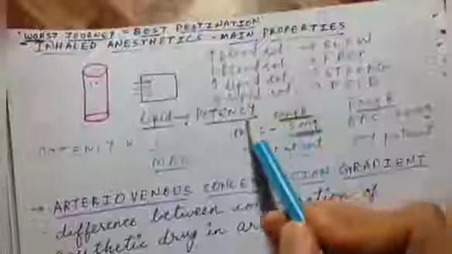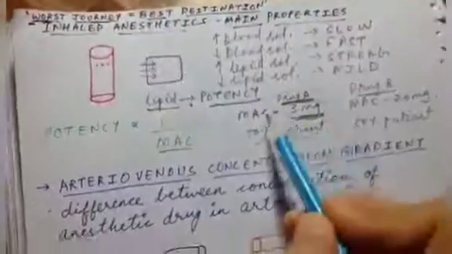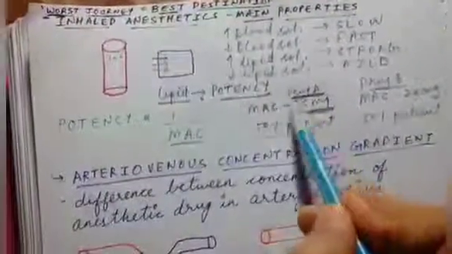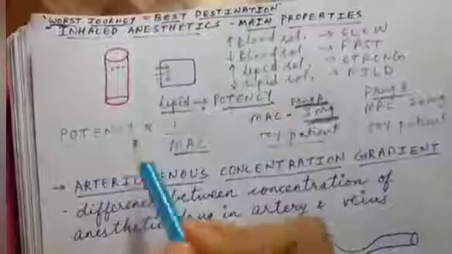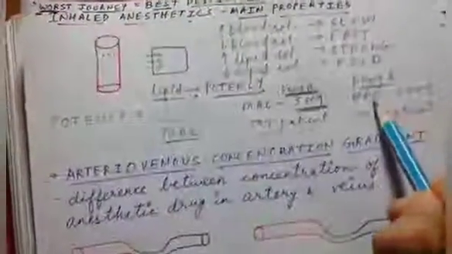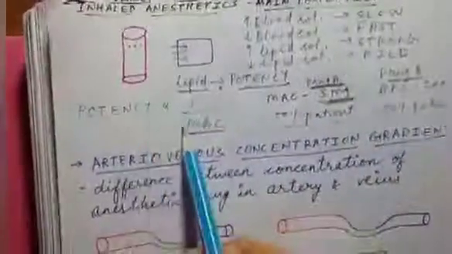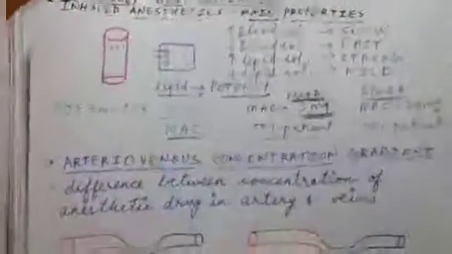That's why we say that if the drug has less MAC, minimal alveolar concentration, then the potency will be high. And if the drug has high MAC, then the potency will be low. That's why both are inversely proportional to each other.